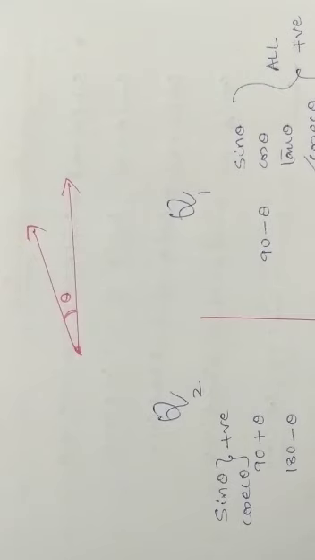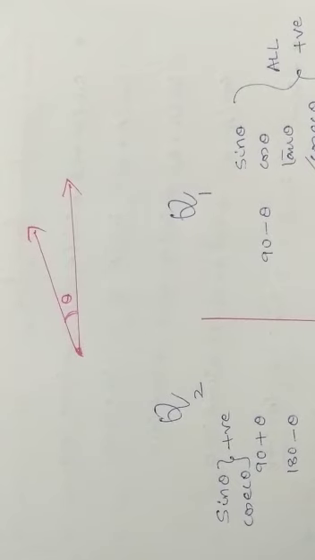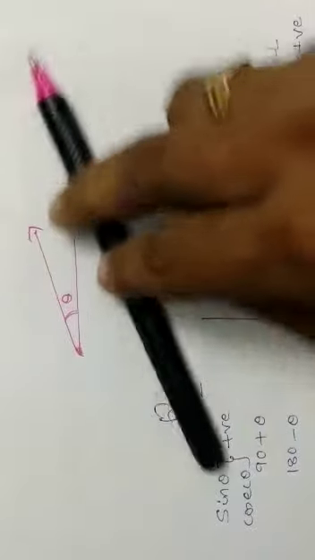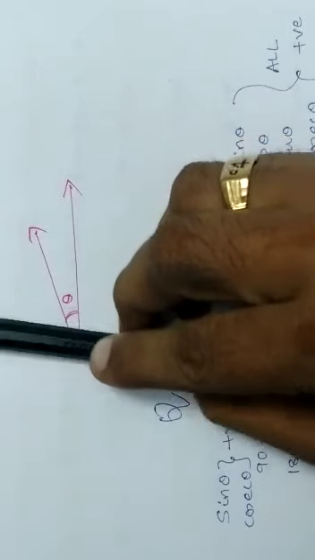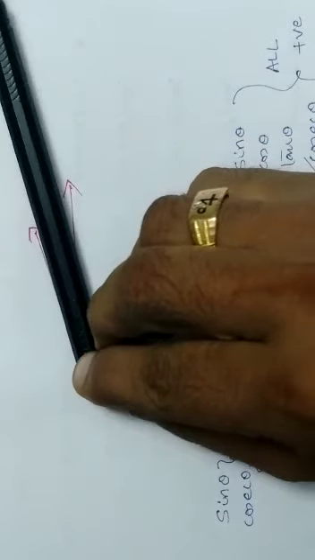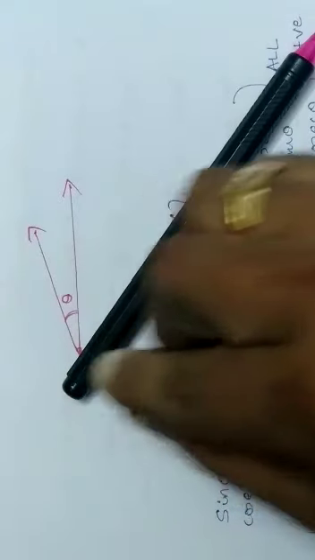From your basic learning in geometry, you have learned angle is always measured in anti-clockwise direction, which means in the clock we see rotation of hands as this is 12, 1, 2, 3, 4, 5, like this.